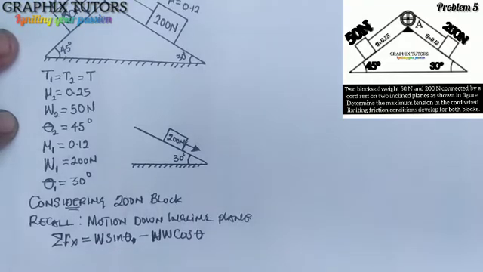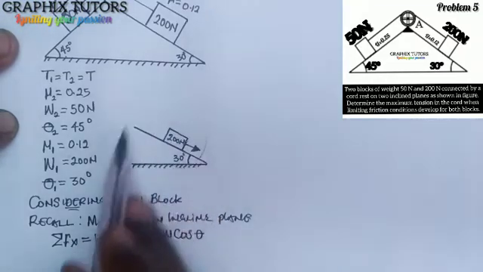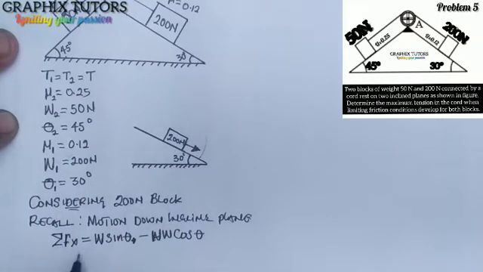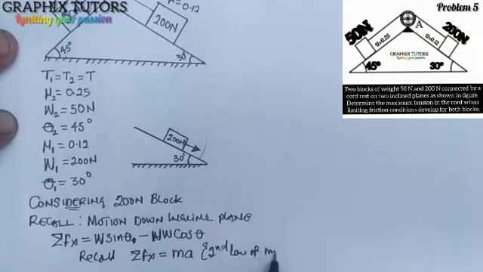Now, we are dealing with component 1, as in 1 here. Recall that the summation of F_x gives us mass times acceleration. That is the second law of motion. Is that okay?